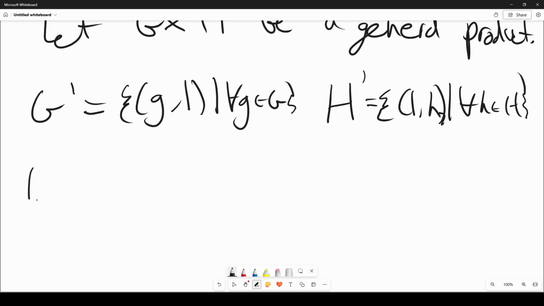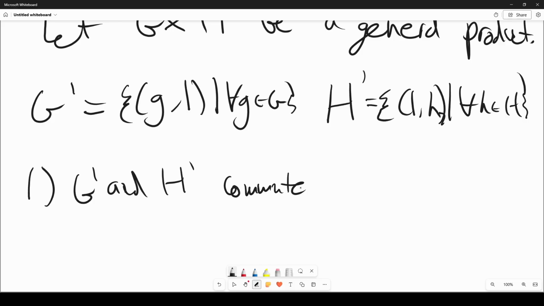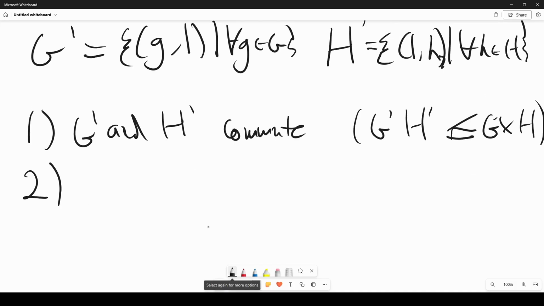We first get that G prime and H prime commute, as we showed at the beginning. So this tells me that the subgroup product G prime H prime is a subgroup of G cross H. For the second condition, G and H don't intersect, so this is just the empty set.